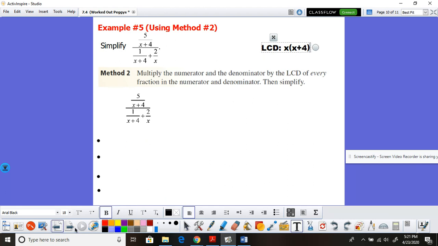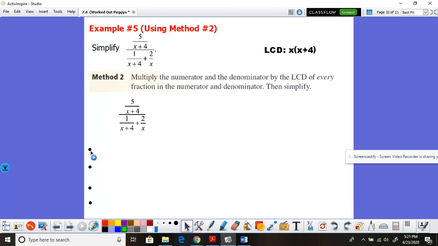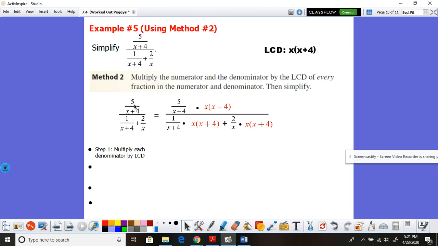So step 1, find the LCD. And now I'm going to multiply each of these 3 terms by the LCD. I'm going to multiply the 5 over x plus 4 times x. This should be a plus 4. The 1 over x plus 4 times x plus 4, and the 2 over x times x plus 4.